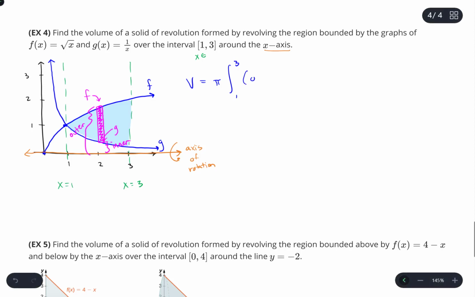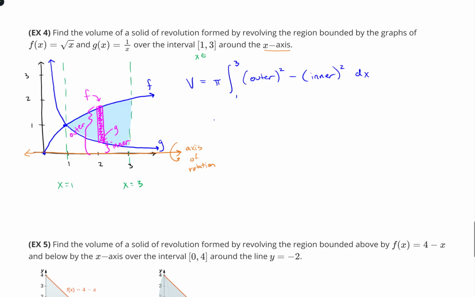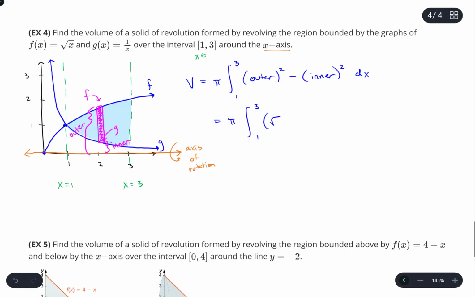And then, of course, it is the outer radius squared minus the inner radius squared dx. Okay, so then this becomes the integral from 1 to 3. I decided that my outer radius was the function f, which is the square root of x. And then my inner radius is the function g, which is 1 over x.